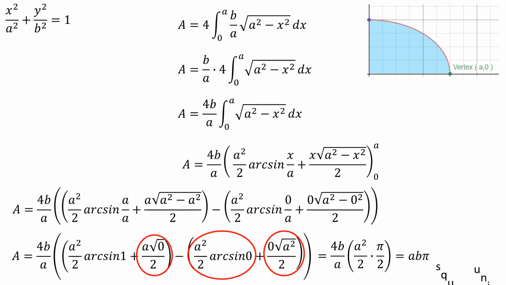And so I'm going to have an a. The b is going to stay there. The pi symbol is going to be there. And so the area of an ellipse is a times b times pi. Right, so that's the area of an ellipse, a times b times pi.